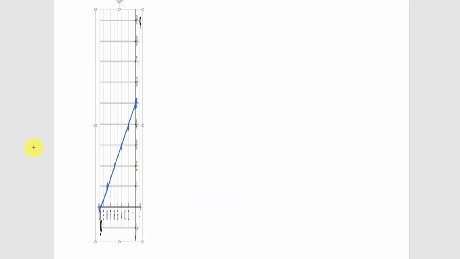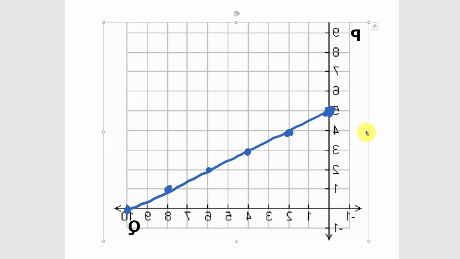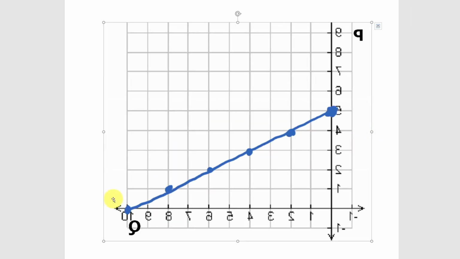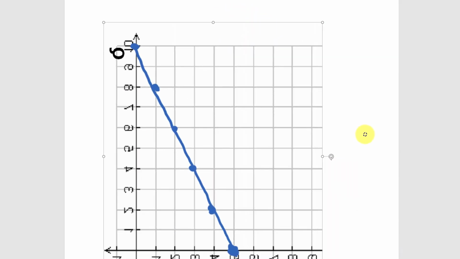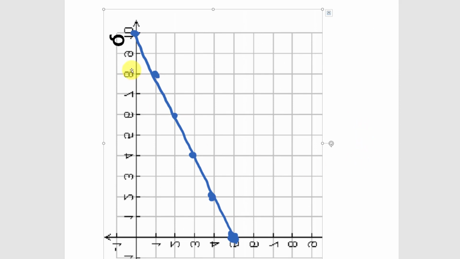All right, so now we're looking at the back of the sheet of paper, but in order to get the quantity axis up on the top, we need to rotate this figure like this. Now the Q and the numbers are backwards, but we can see that this is the number 10 right here. And the function we have when we put Q on the y-axis is 10 minus 2p.